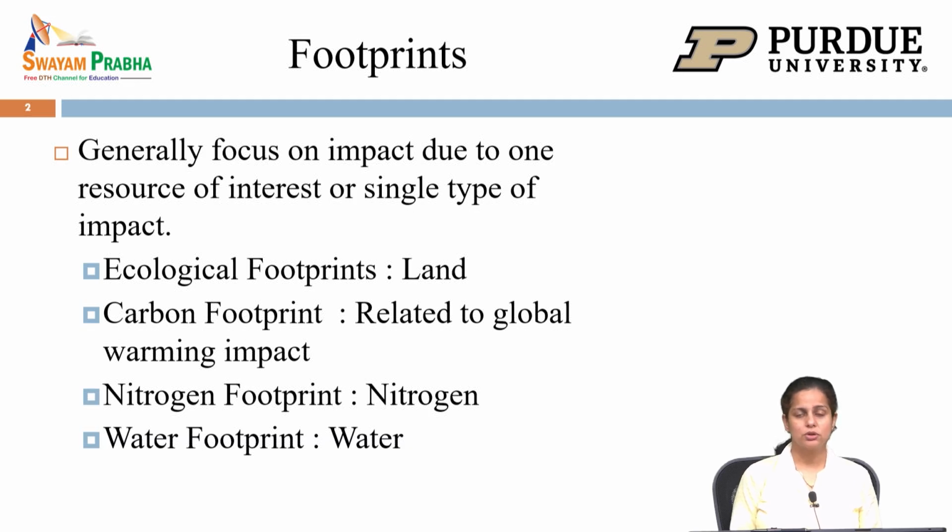It is more towards the impact and our capacity to actually exceed that limit. Nitrogen footprint would be specifically on the nitrogen flows and water footprint is about water, and we will get into the details of each of the resources and how these footprints are proposed as metrics for assessment of sustainability.